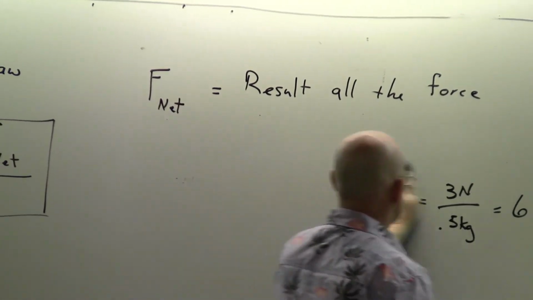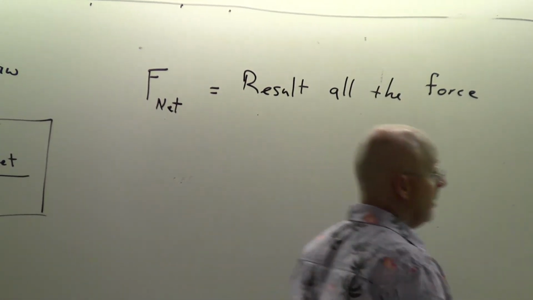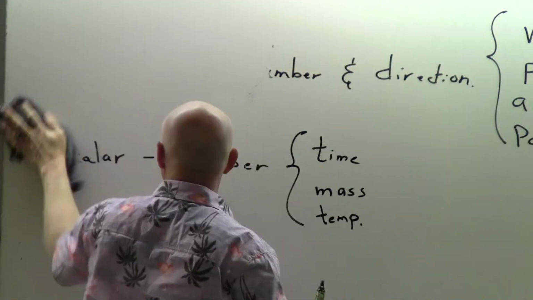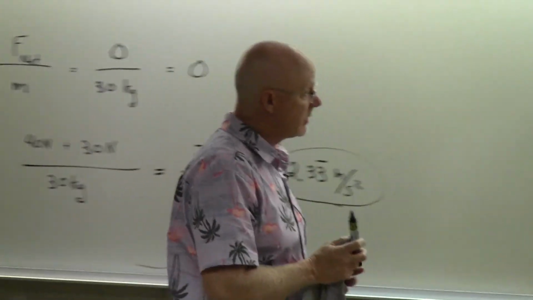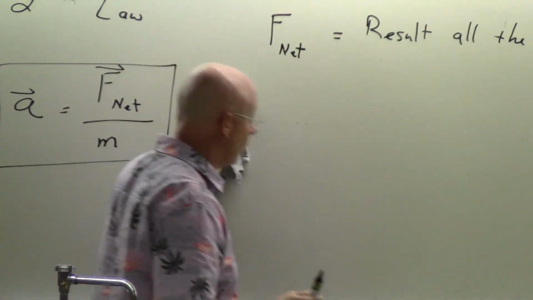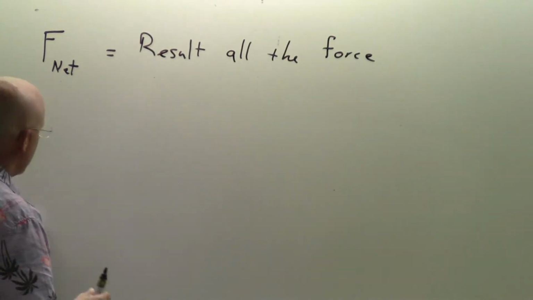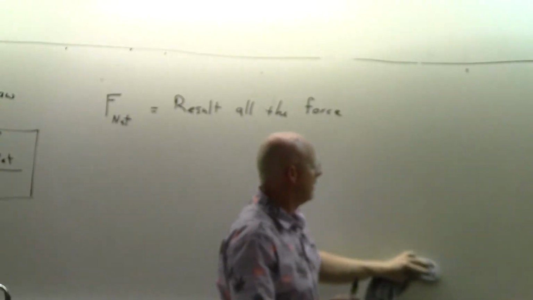Now, let's try a little harder one, and maybe I'll leave this right here because I think that's worth keeping up. That's what I'm trying to show you here: the harder part of Newton's second law is to realize that you need to get the net force. It's not just one force or the other, or the third if there's a third or a fourth, but it's the combination of all of them.